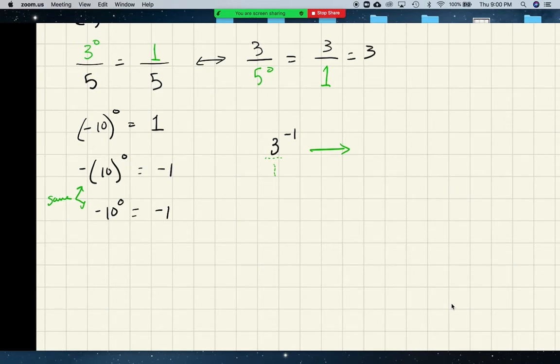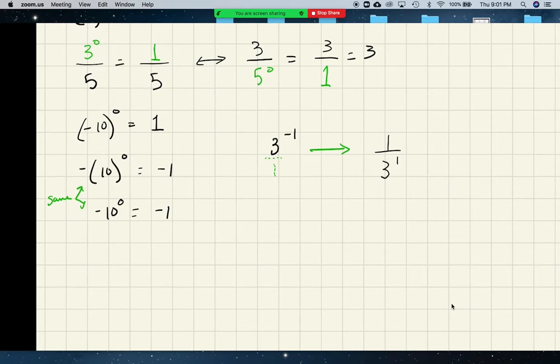Whenever you have a negative exponent, take the whole thing with the base and put it underneath. So that's actually the same thing as 1 over 3 to the positive 1. The negative exponent just means take all of this, move it to the other side, whether it's on top or bottom, and then change the exponent to a positive.